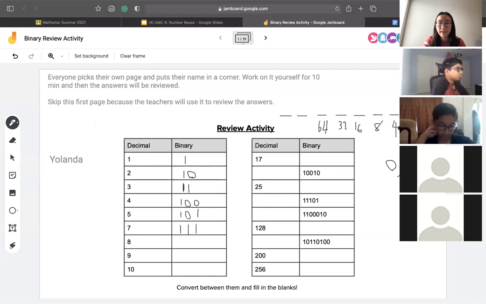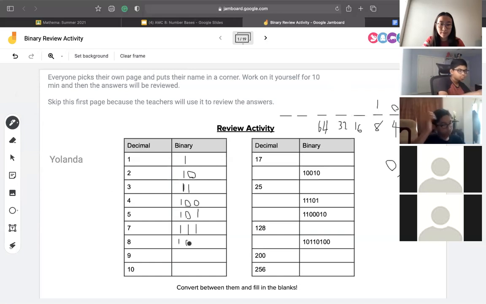So now we're going to do 8, and 8 is kind of simple. What would 8 be? Yeah, for 8, you put a 1 in the 8's place and a 0 everywhere else, because all you're doing is having that 8 there.